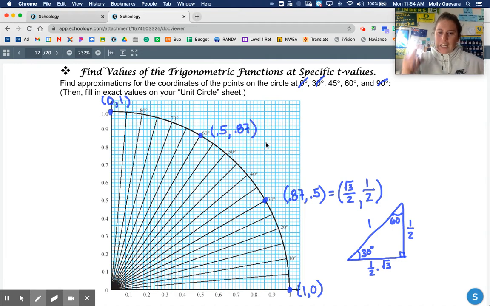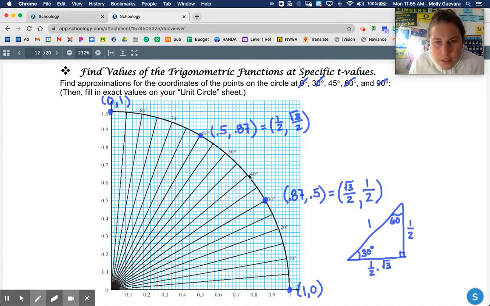So from 30 to 60, those coordinate points have just switched. So it's 1/2 now, and then the y coordinate is square root of 3 over 2. So 30 and 60 are just switched, the x and y.